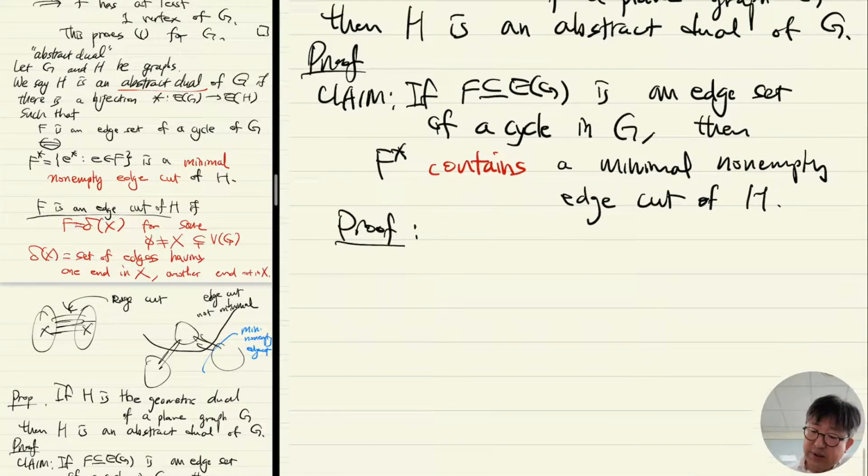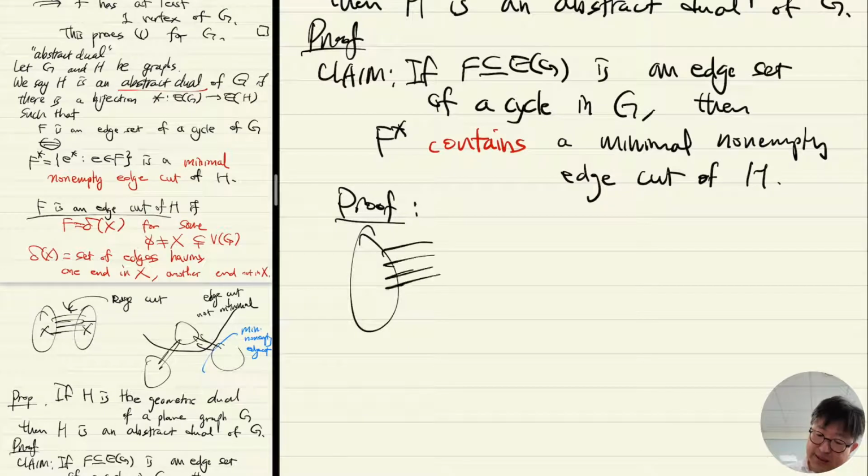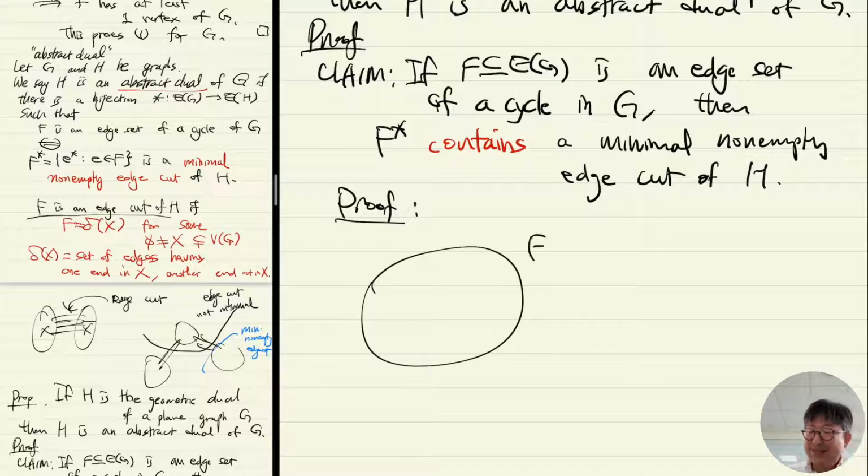Why? Because imagine that I have a set of edges which forms an edge cut. Let's say F is the set of edges in the cycle.